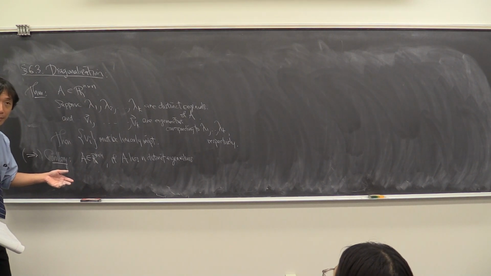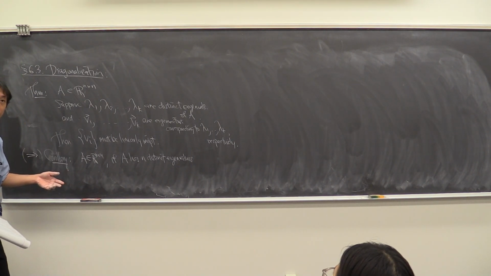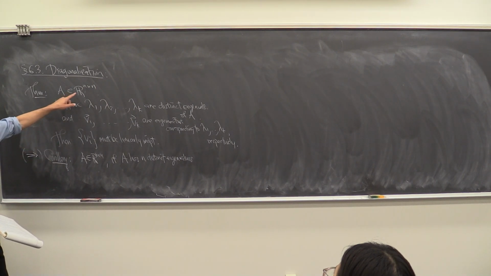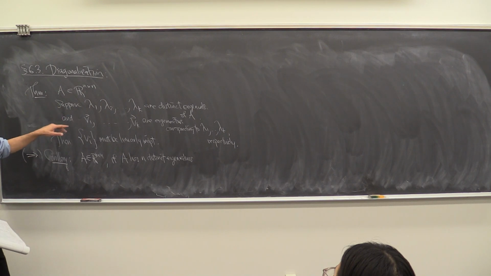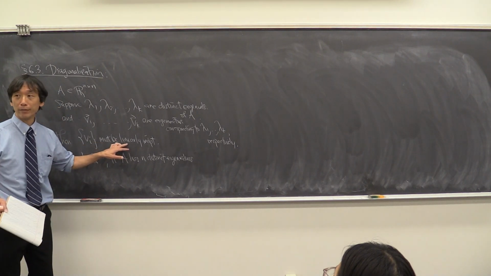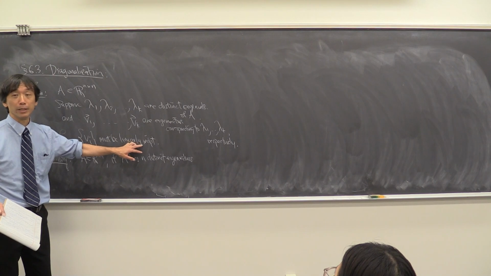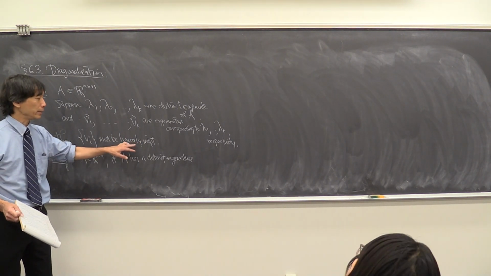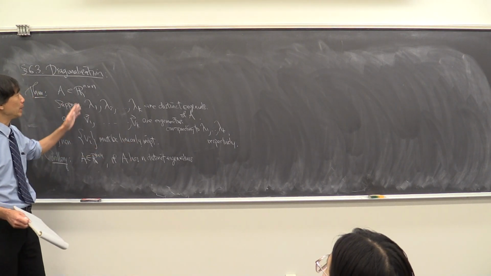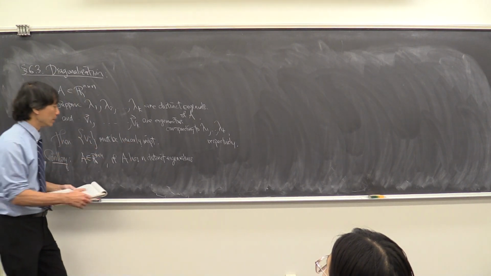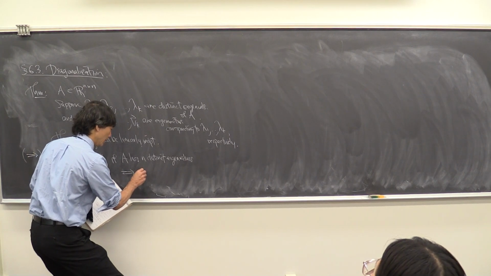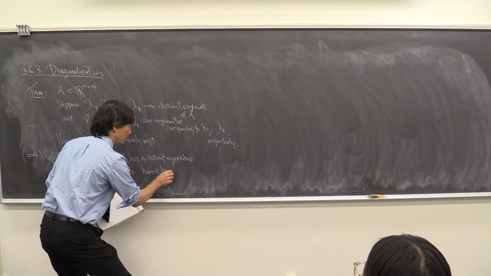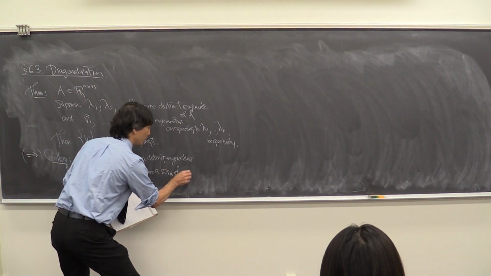Oh, and it doesn't span A? Does the eigenvector span A? Not A. Or the range of A? But it'll span Rn, right? So you're going to have n linearly independent eigenvectors. Well, that's enough to span Rn, right? So in other words, you have a basis of eigenvectors.